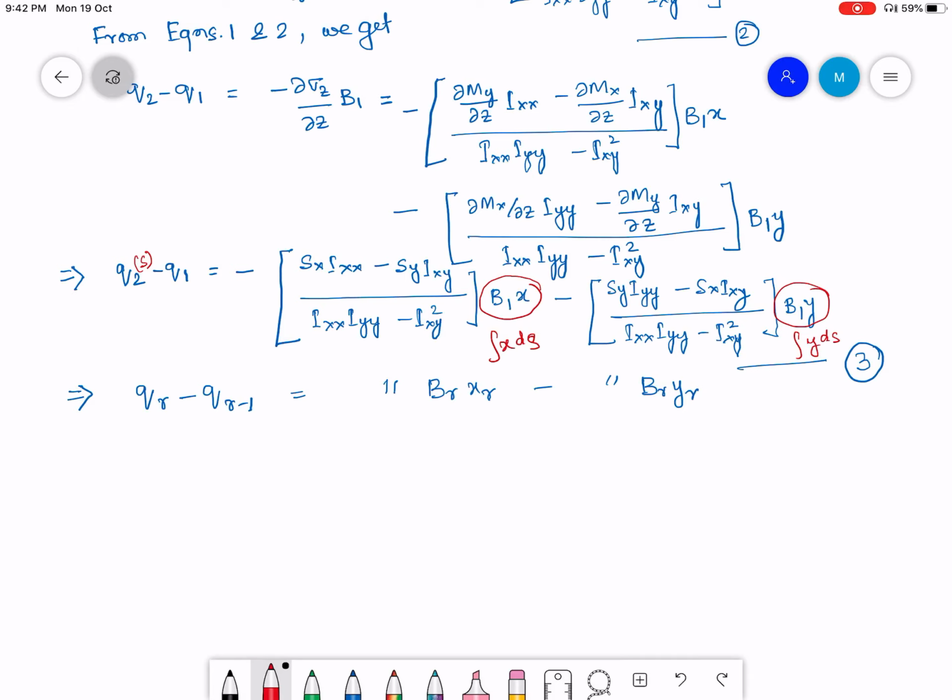Probably you will be able to appreciate that for a skin stringer idealized cross section, q is constant in a skin between two booms.